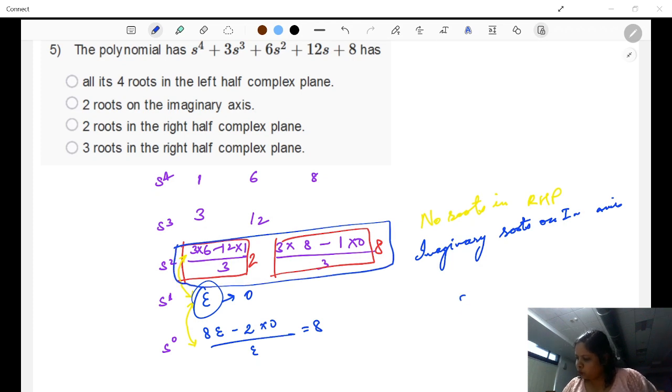So it is basically 2s square plus 8 equal to 0. Why 2s square? Because 2 is here, corresponding to s square. And in the second term, the power of s is decreased by 2. So from here you can see s is equal to plus minus 2j. So these are two roots.